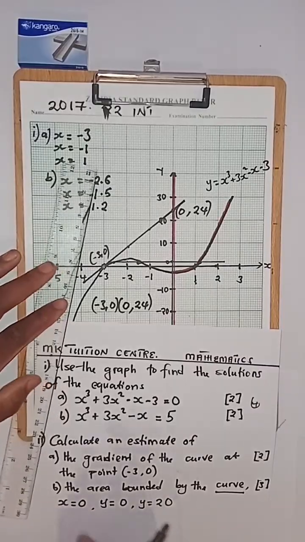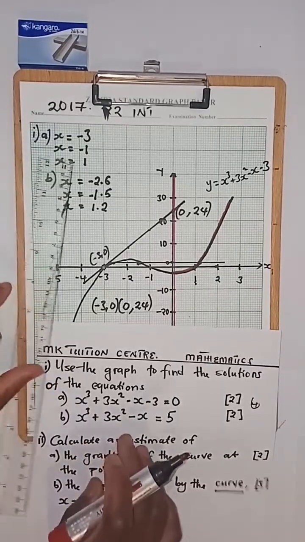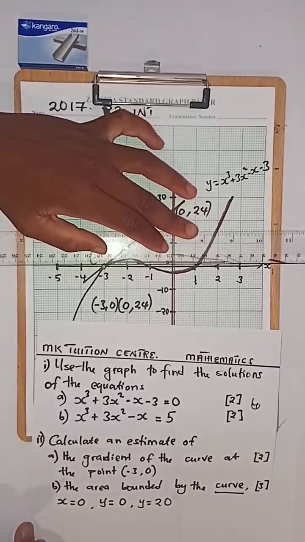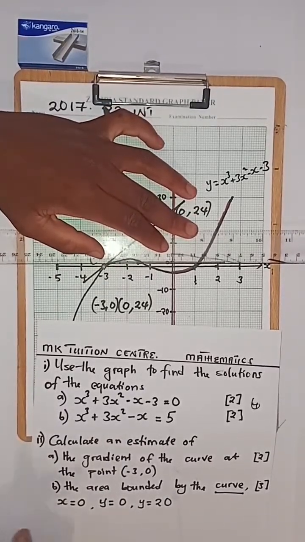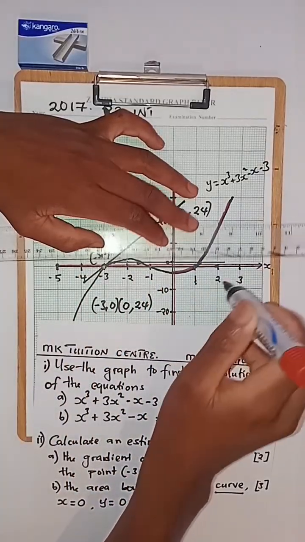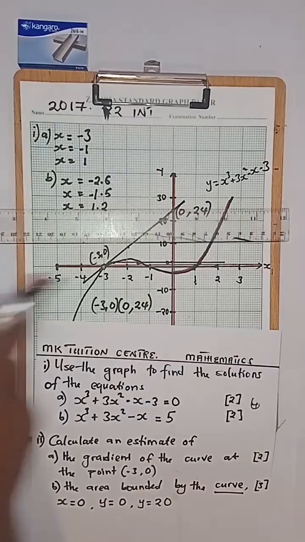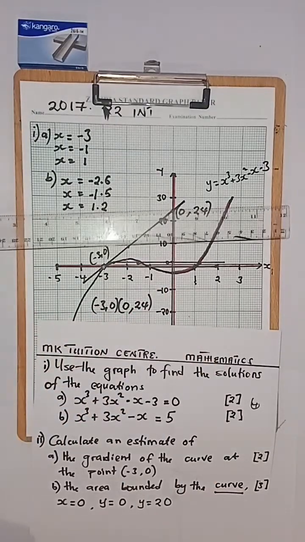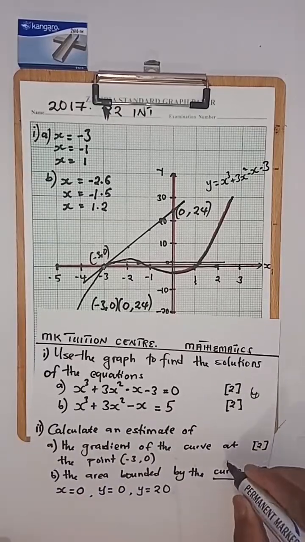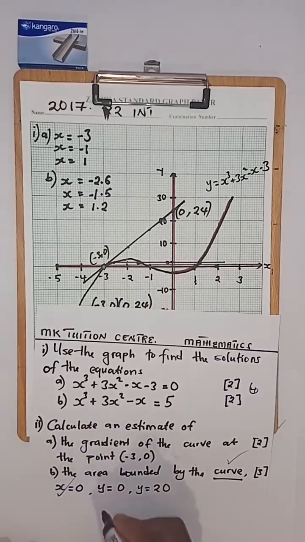Y is equal to 0. So when y is equal to 0, it means we're going to stand at the x-axis, because this axis is cutting the y-axis at 0. I'm going to have it like that. Okay, it was supposed to be straight, but I want you to have a look at what I'm doing here. And then, so the curve we are done, here we are done, and done.